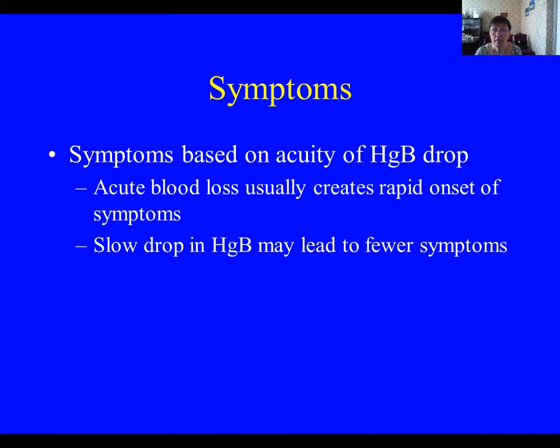And also symptoms of anemia are based on the acuity of the drop of hemoglobin. Acute blood loss usually creates rapid onset of symptoms, but a slow drop may lead to fewer symptoms.